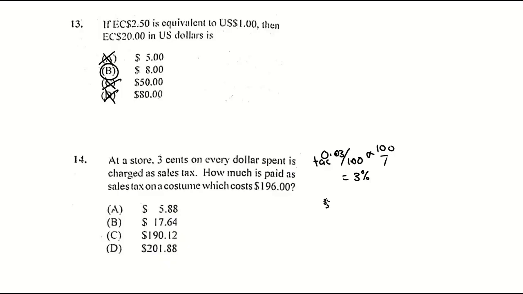Right, so we want to know what is 3% or 3 over 100 multiplied by 196 over 1. When you find this out, they want to know how much is paid as sales tax. It cannot be this and cannot be this, right? 3 over 100 multiplied by 196 is equal to $5.88. So $5 and some cents, right? And that would be your answer for this question here.